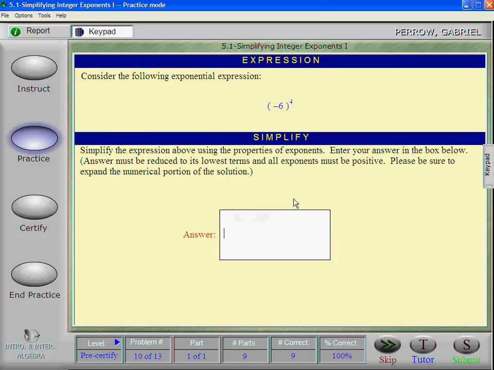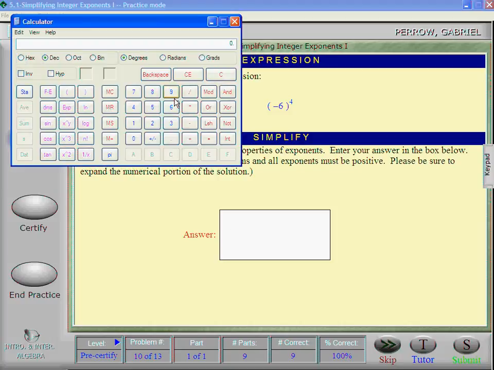Okay, similar to one I did just a little bit ago. A negative number raised to a power. Since that power is even, I'm expecting a positive result. And if you're talking about 6 raised to the 4th power, 6 times 6 times 6 times 6, I'm going to use the tools for that because I'm trying to think of what that calculation is.